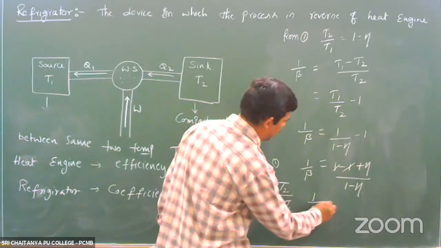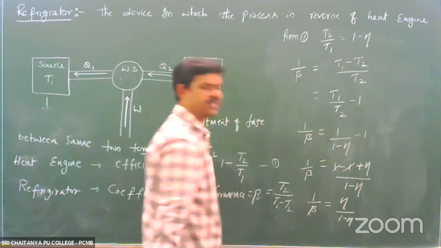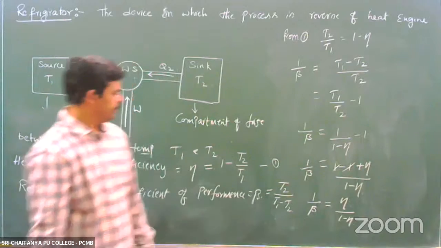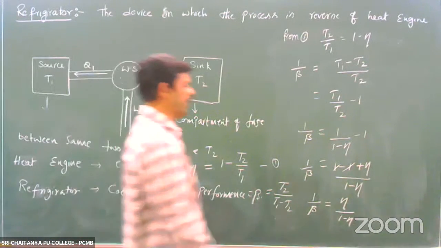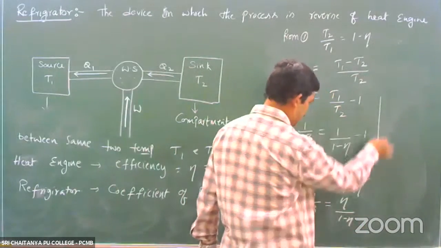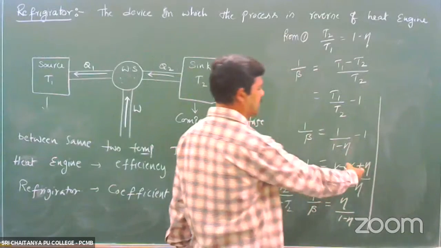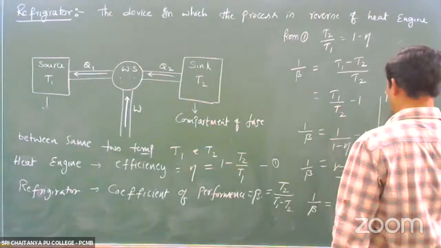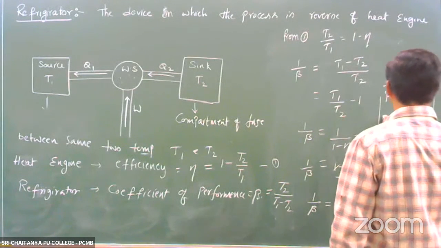Then 1 by beta is eta by 1 minus eta. That's it. That is the relation between beta and eta. If it goes up, minus of minus is plus. So beta is equal to 1 minus eta by eta.